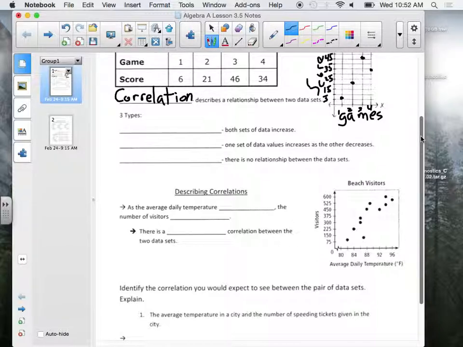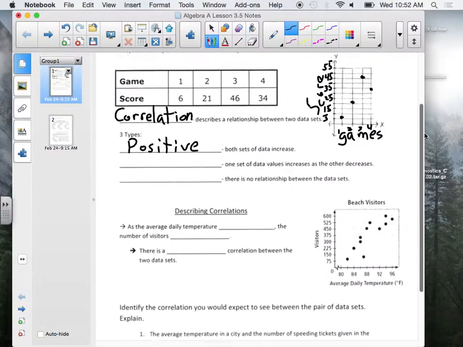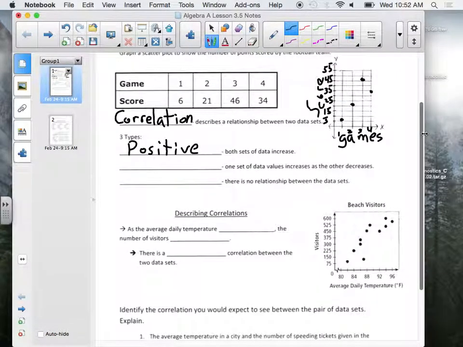All right, so there are 3 types of correlation. One is positive, and that's when both sets of data increase. So just like this one, as the number of games increases, the score typically tends to increase, except for number 4, but we will get to that.